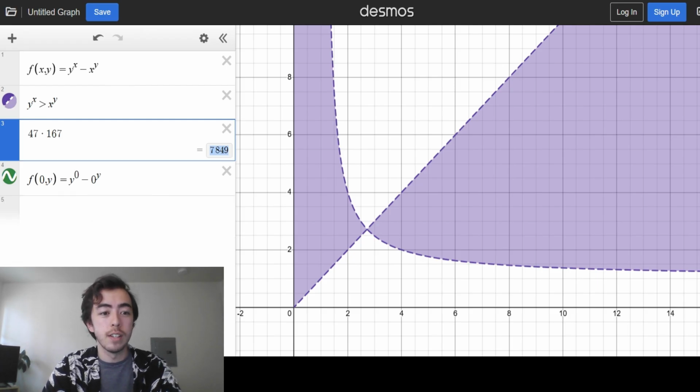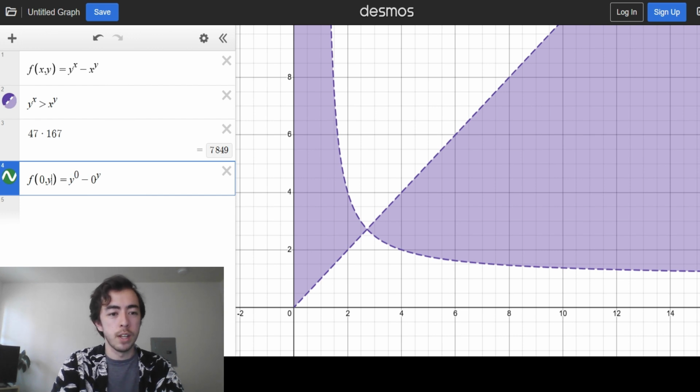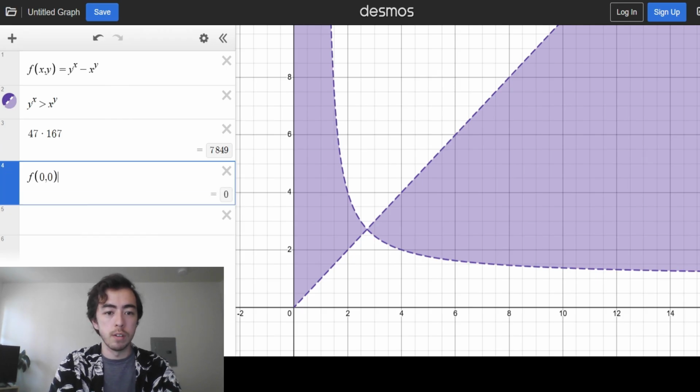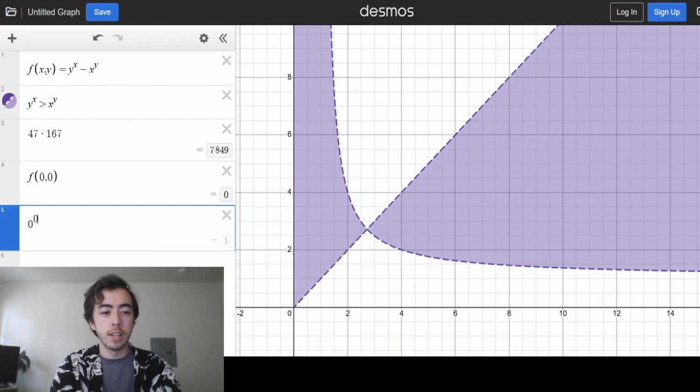The only caveat is that 0 to the 0 is undefined. I don't know if Desmos will actually say that, so let's try it. F of 0 comma 0. Okay, so it's actually giving me a value because I think internally it's doing 0 to the power of 0 minus 0 to the power of 0. And since these numbers are the same, subtracting them gives you a 0.